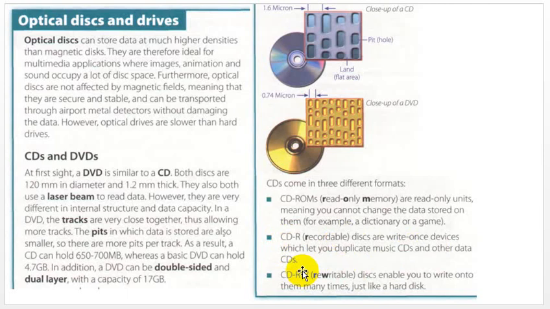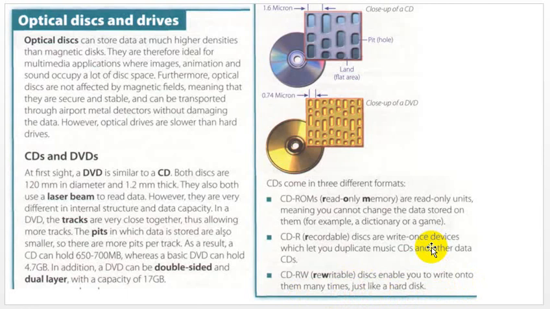Write-once devices which let you duplicate. You can copy that and paste it in a different place of that CD. Okay, that is CDR, recordable. You can record something on that CD. CDRW, rewritable disk, enable you to write onto them many times, just like a hard disk.